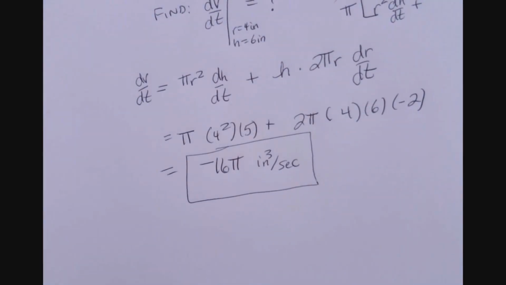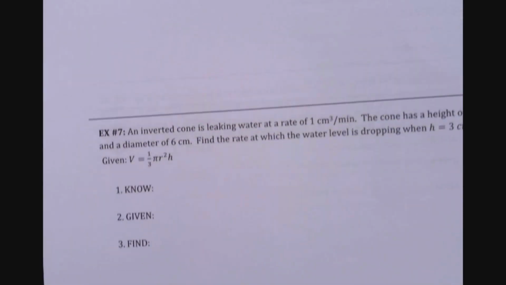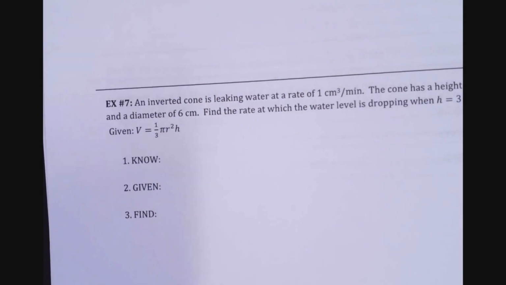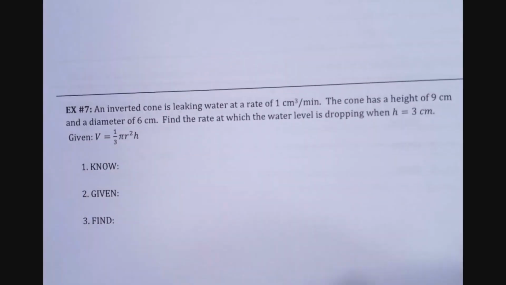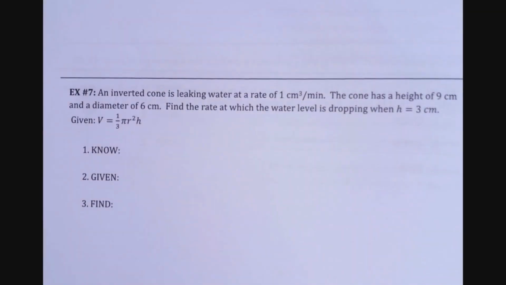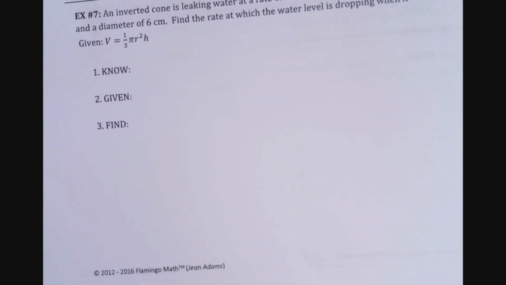So let's look now at number 7. Oh, the cone problem. This is in every calculus book. There's always a related rates cone problem. We have an inverted cone that's leaking. Let me sketch. Let me get a piece of paper here.